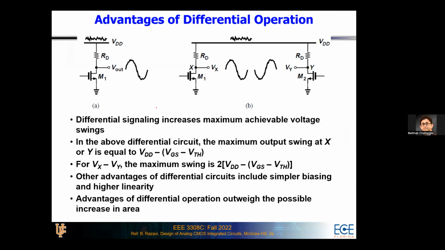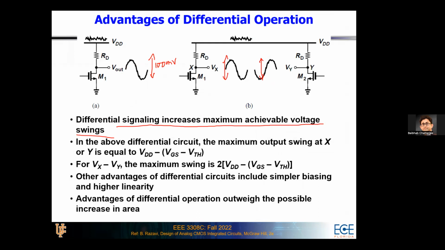Okay. What are the other advantages? Differential signaling increases the maximum achievable voltage swings. For single-ended signaling, let's say you have a 100 millivolt signal at your output. In case of differential signaling, you have 100 millivolt at the first output and another 100 millivolt at the second output.